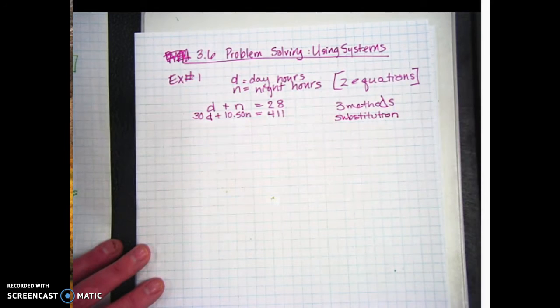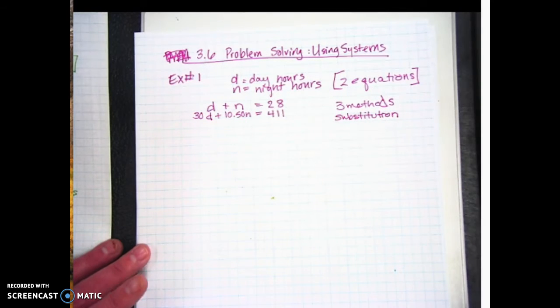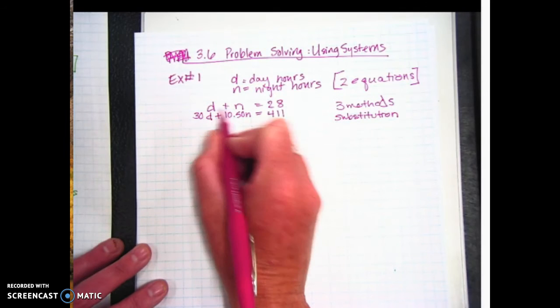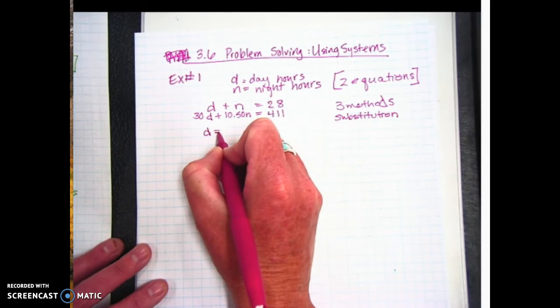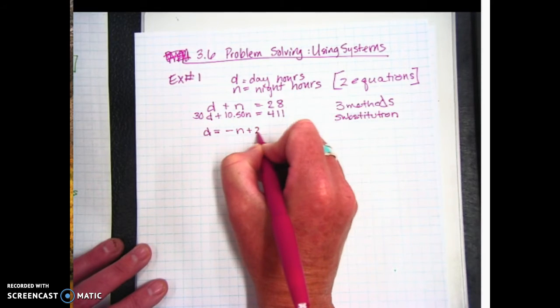But how about substitution? Substitution, you need to solve one of the equations for one of its variables. And notice that the coefficients on the D and the N are both 1. So it's going to be pretty easy to get the D or the N by itself. So let's get D by itself. We're going to say that D is equal to negative N plus 28.